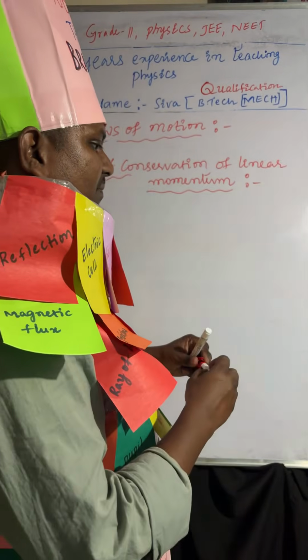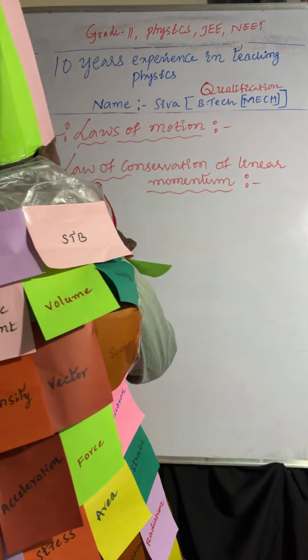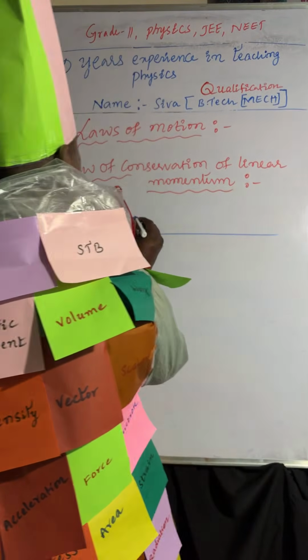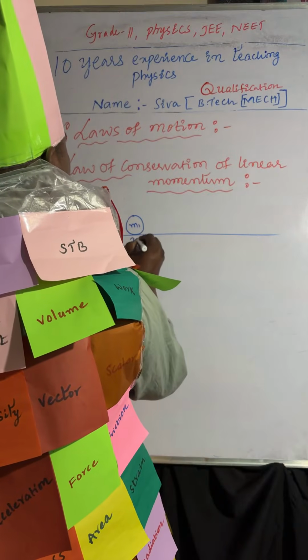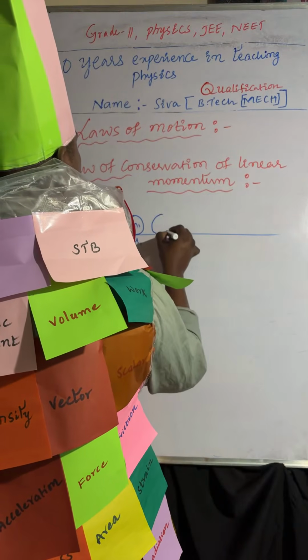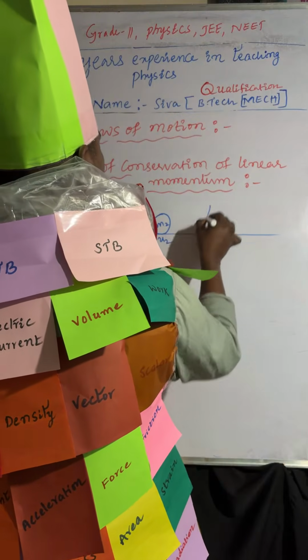If two bodies are there, this is body 1. Mass of the body is m1, initial velocity u1, and the next one has mass m2, initial velocity u2.